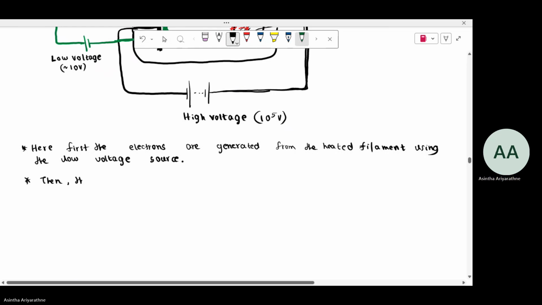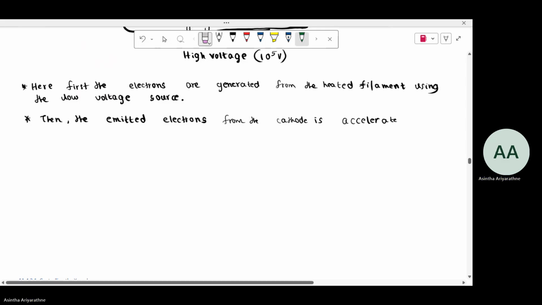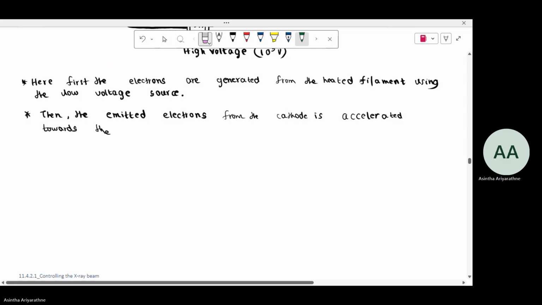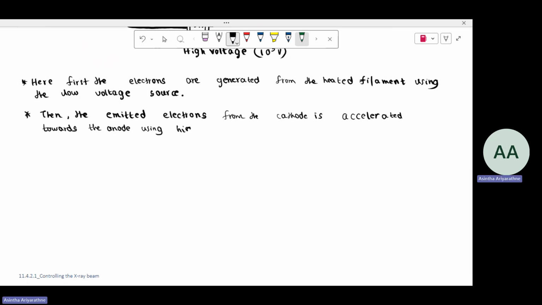Then the emitted electrons from the cathode are accelerated towards the anode using a high potential difference.